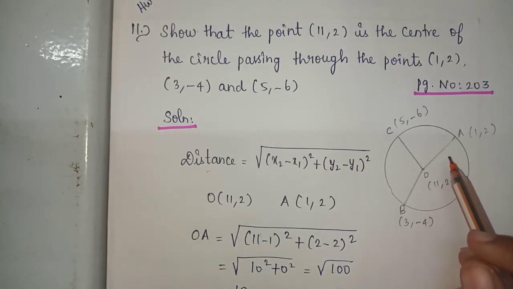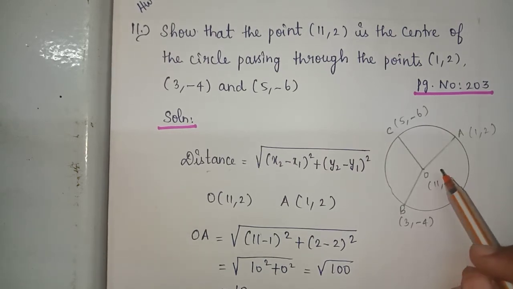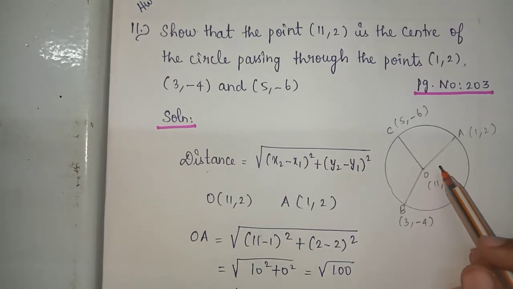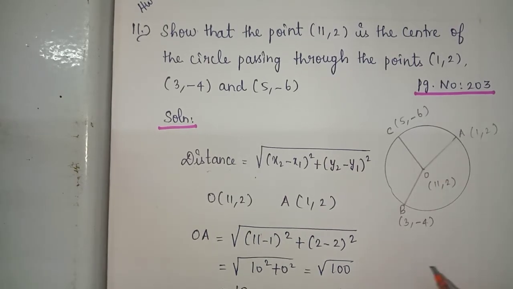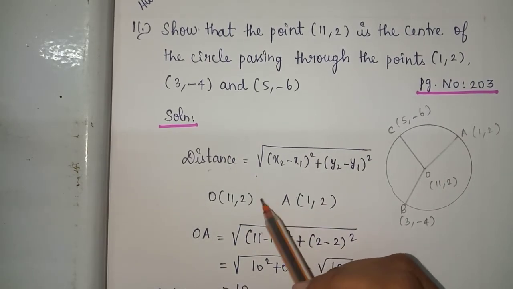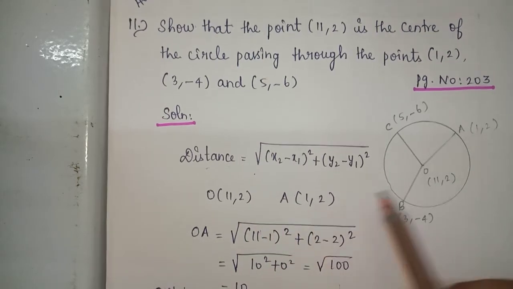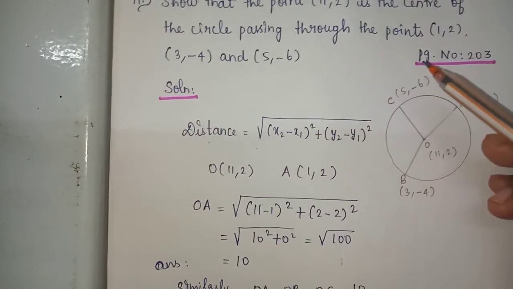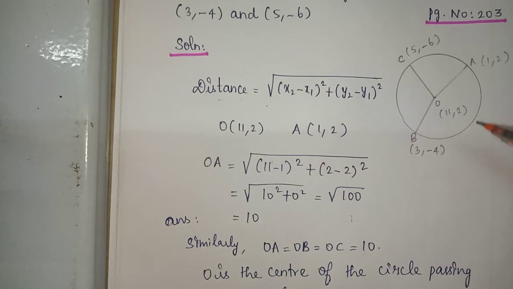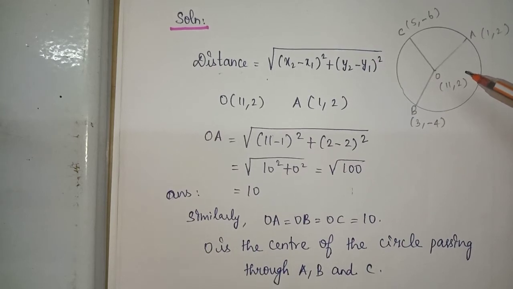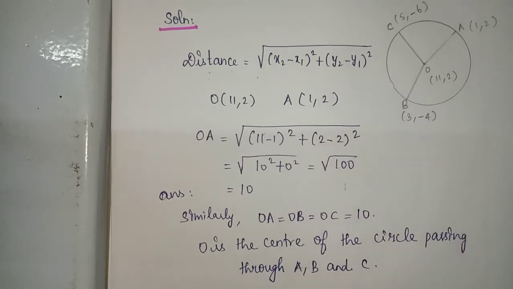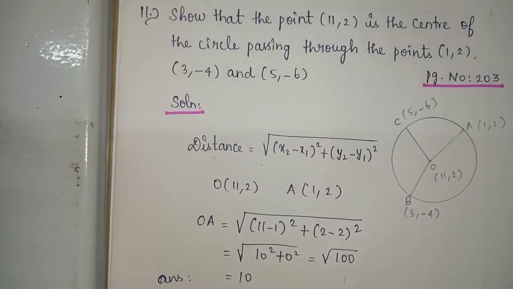Already we saw one model problem like this, Example 5.11. Similarly, you have to find the distances OA, OB and OC. Then finally check if you get the same distance for OA, OB, OC, then O is the center of the circle passing through A, B and C. So this is your homework problem.